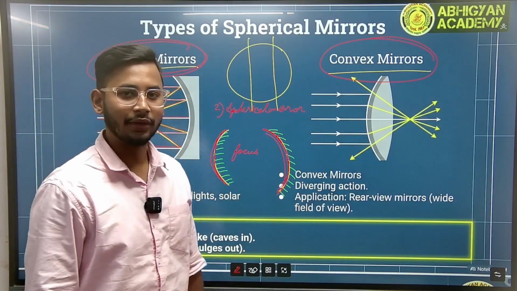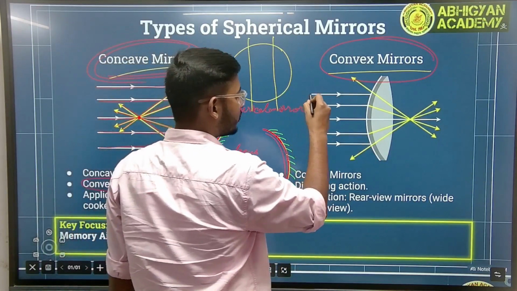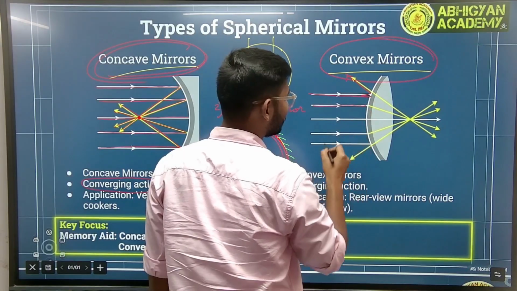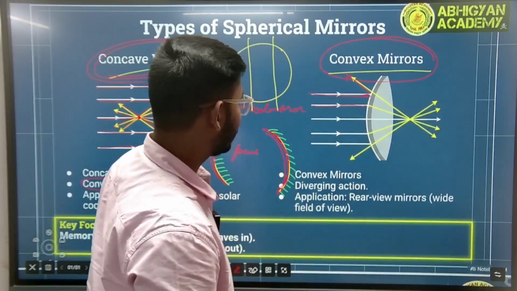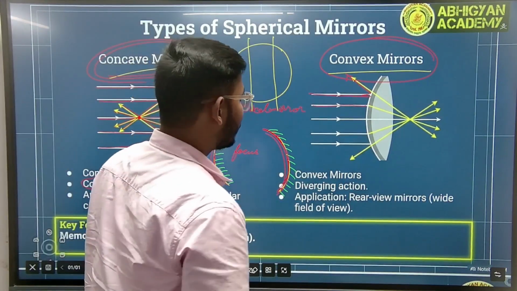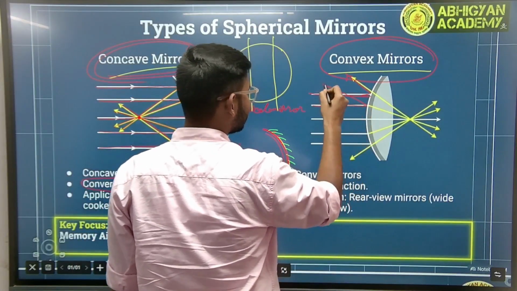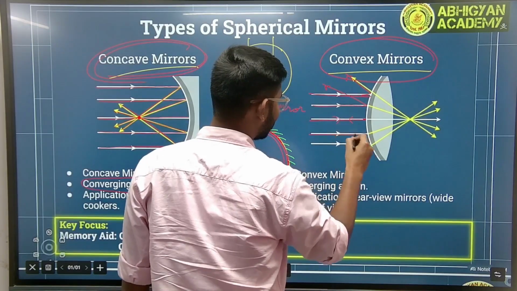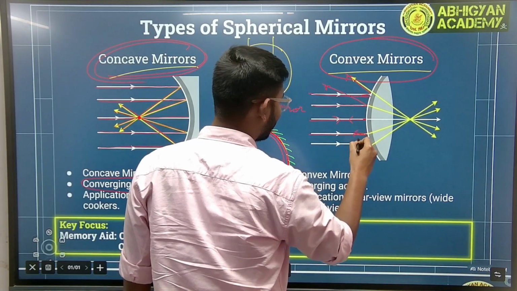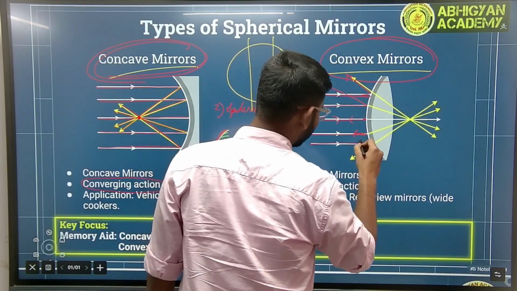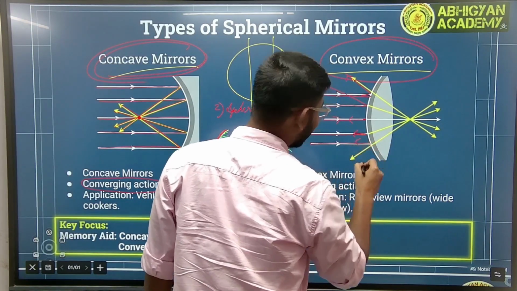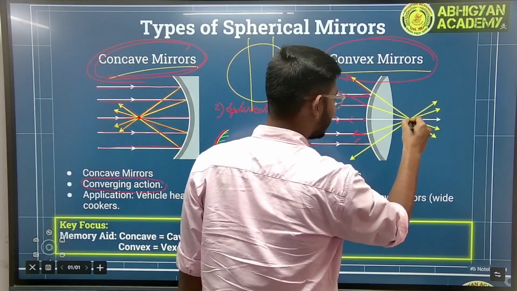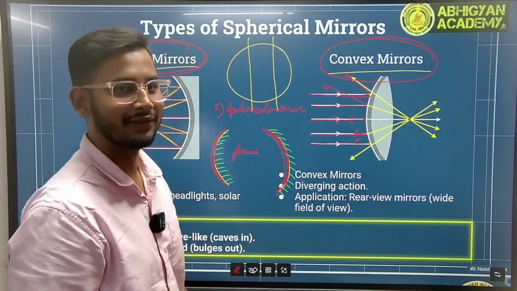Similarly, for a convex mirror, after reflection the rays get deviated. The rays get deviated from the reflecting surface, and it looks like they are deviating from a point inside the mirror.